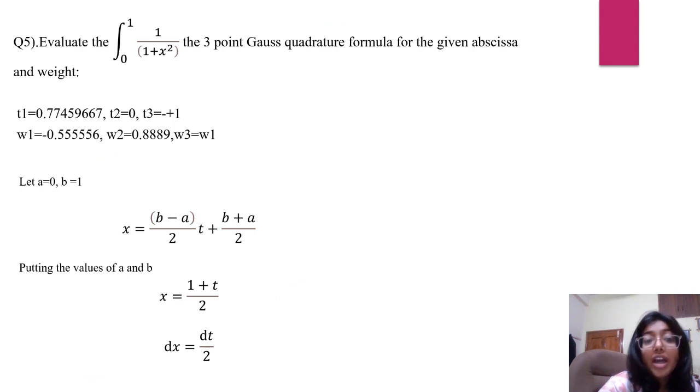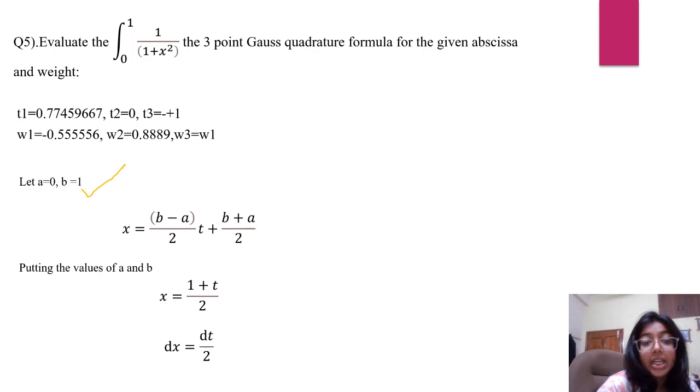Question 5 is to evaluate the integral from 0 to 1 of 1 upon 1 plus x square using the 3-point Gauss quadrature formula for the given abscissa and weight. Here we are given t1, t2, t3 and w1, w2, w3. Now, let a equal to 0 and b equal to 1.